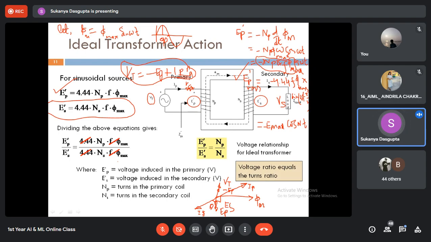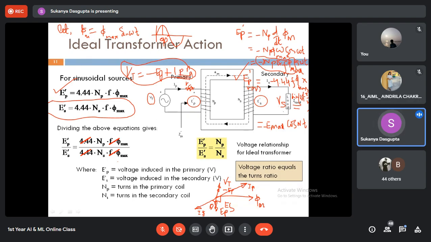Es is the EMF induced at the secondary winding. And what is Vs? Vs is the voltage developed at the load side, which is just the product of Is and the load impedance Z load. Is times Z load is equal to Vs, the terminal voltage across the load.